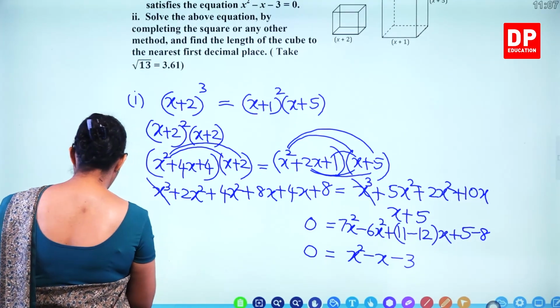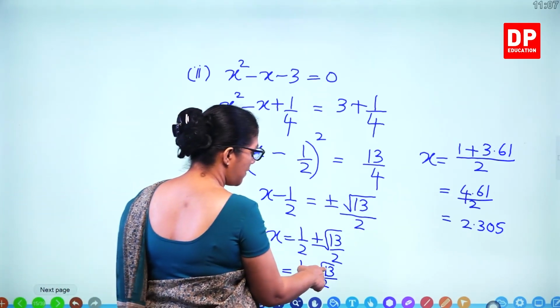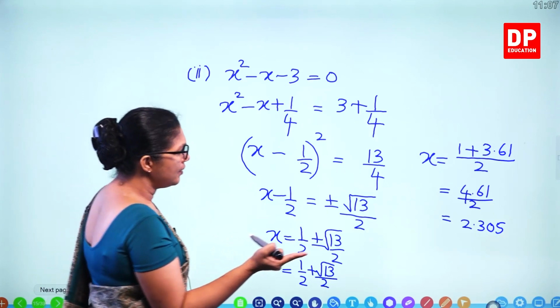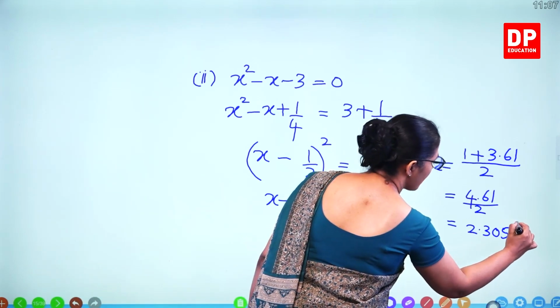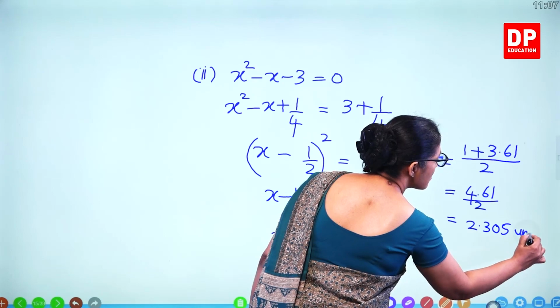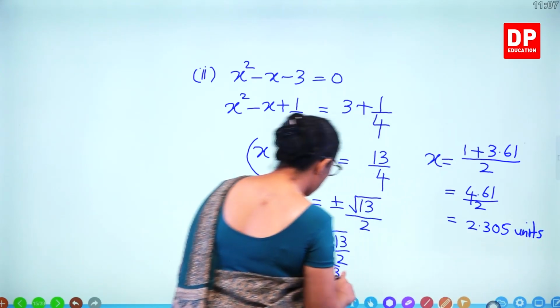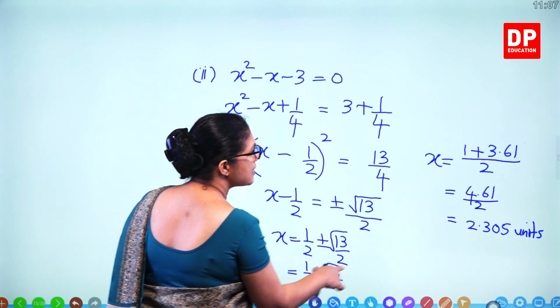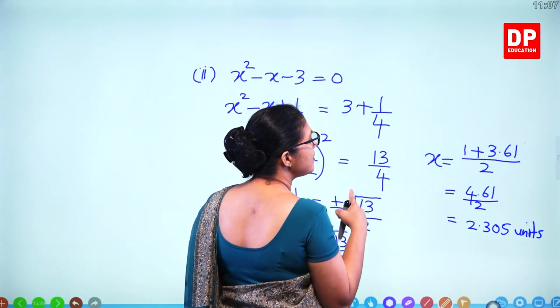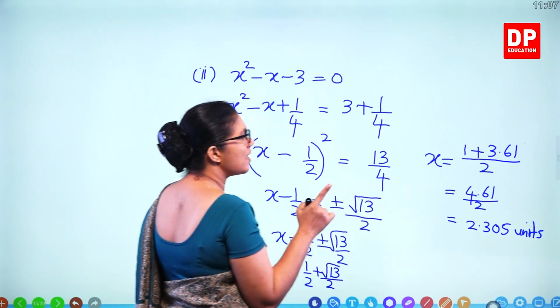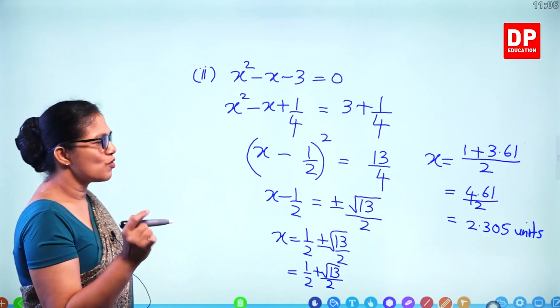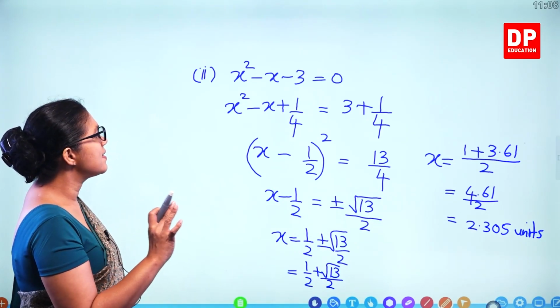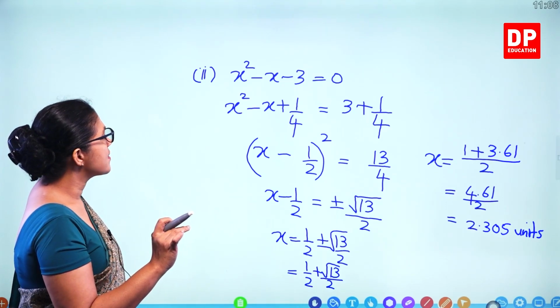We'll check whether, when you take the negative, it is a negative value. You get negative 3.61, that means negative 2.61. When you add 1, you get a negative, so you can't take that answer. So this is the answer for x.